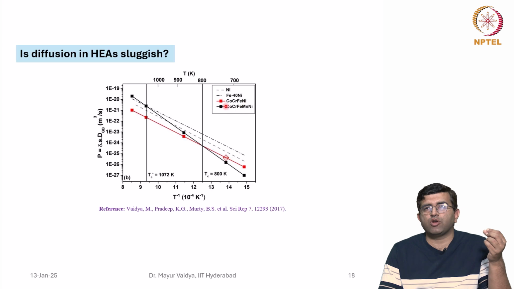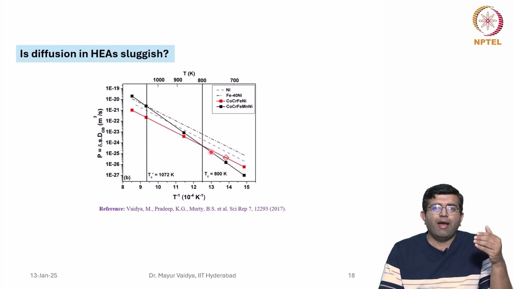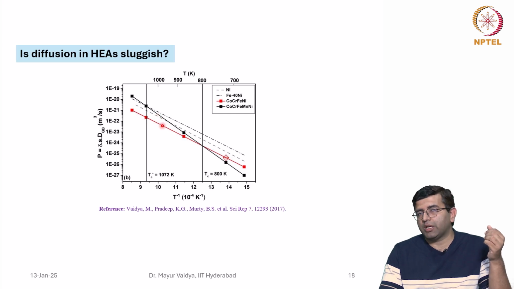The 4 component alloy has lower configurational entropy than the 5 component alloy, which is CoCrFeMnNi, but still the difference in the diffusivities is not very large. In fact, as you go towards higher temperatures, you see that the 5 component alloy actually shows a higher diffusivity than the 4 component alloy.